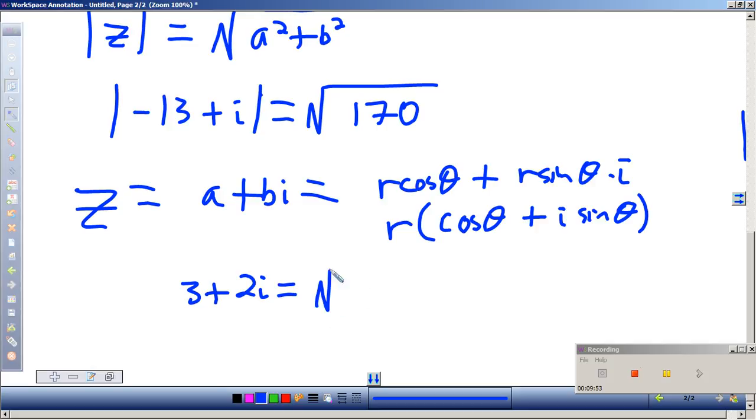So we're going to have the square root of 13 times... then how do we get that angle? Inverse tangent of 2 over 3. So somebody do that in your calculator. Make sure you're in radian mode.